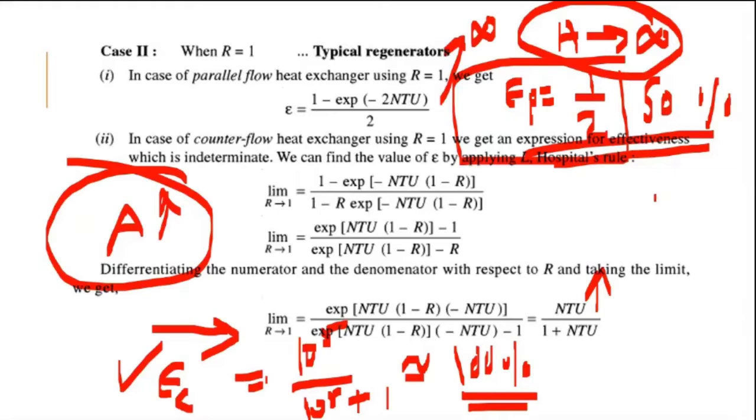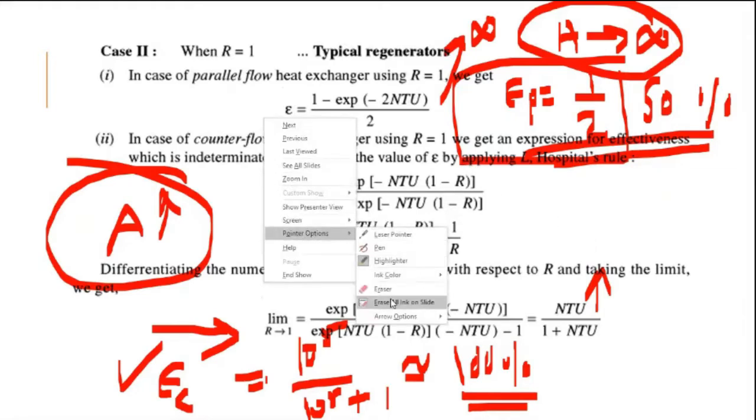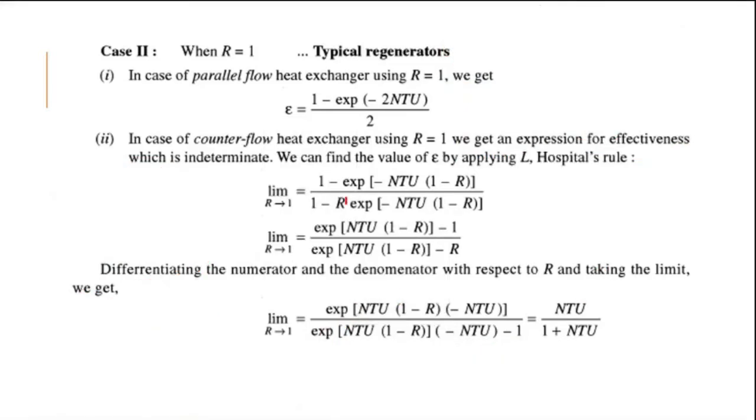So which heat exchanger are you going to use, parallel flow or counter flow? Counter flow, because for a parallel flow heat exchanger, the effectiveness value is always going to be lower. Same thing we saw in the LMTD case also. We saw that LMTD for a parallel flow heat exchanger is lower than LMTD for a counter flow heat exchanger.